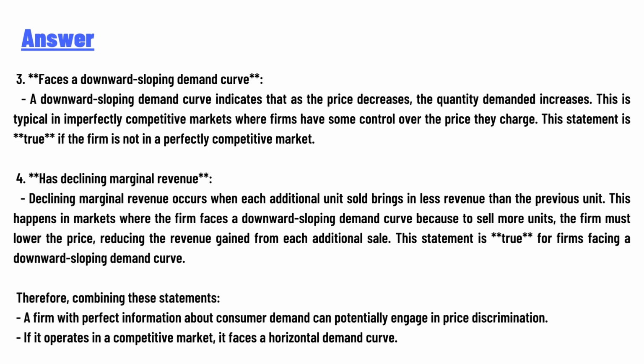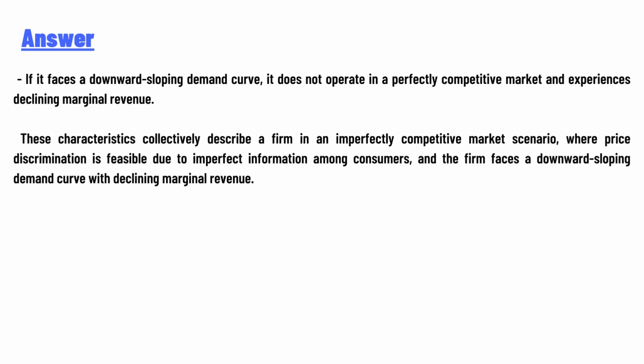Therefore, combining these statements, a firm with perfect information about consumer demand can potentially engage in price discrimination. If it operates in a competitive market, it faces a horizontal demand curve. If it faces a downward sloping demand curve, it does not operate in a perfectly competitive market and experiences declining marginal revenue.